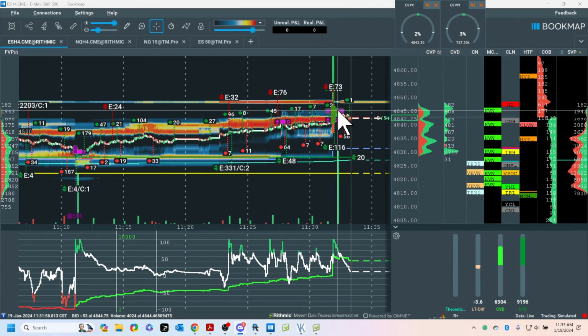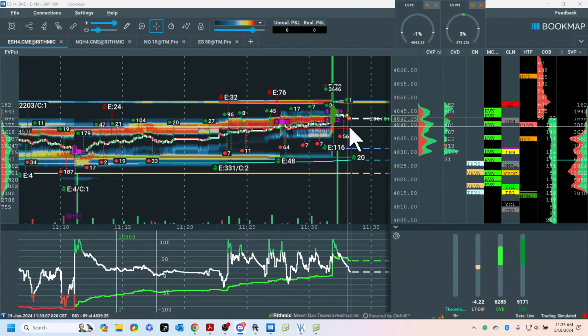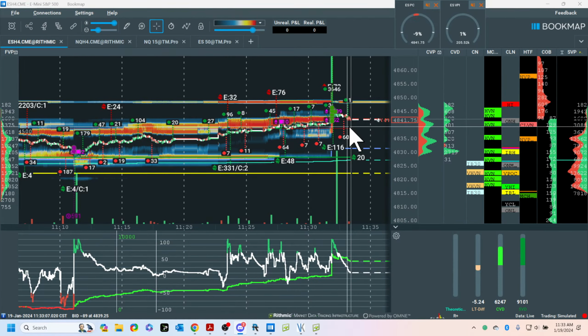So anyway, I hope my little explanation of the higher time frame was useful and why we would look for movement.